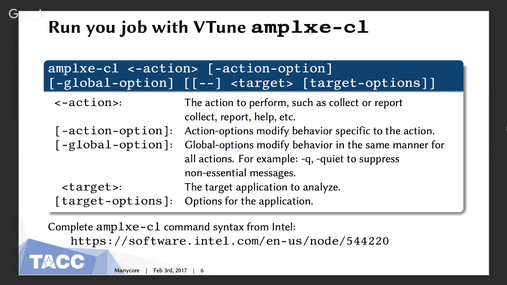Then the action option, which will determine what type of stuff you collect. Then a global option, which will do things like suppress unimportant messages. Finally, the target to analyze, and then you can throw in other options, which I'm not even familiar with what those might be.